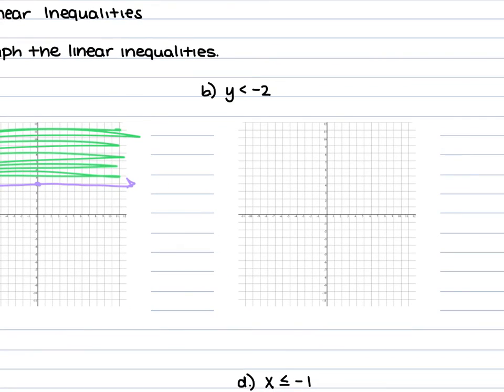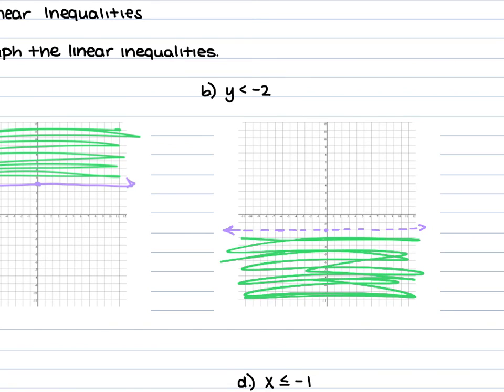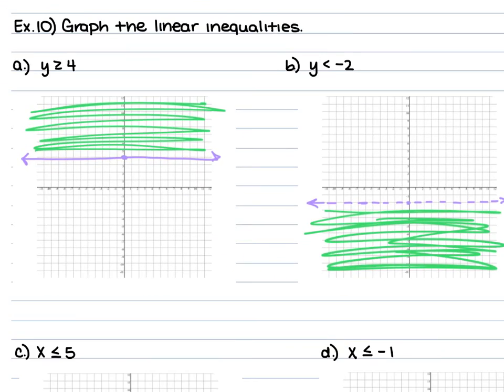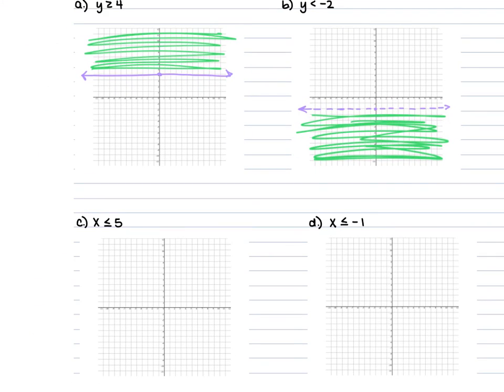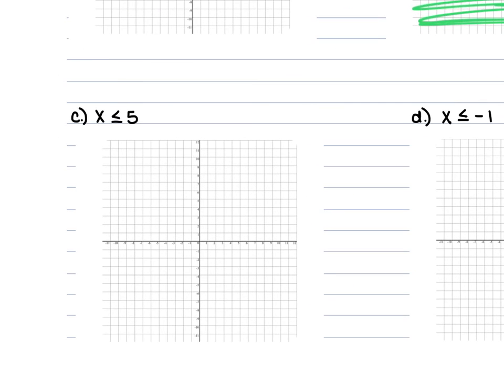For B, we have y is less than negative 2. So negative 2 on our y-axis is here. We're going to do a dotted or dashed line through negative 2, and then it's y is less than, so we would shade below it. For C, x is less than or equal to 5. 5 on our x-axis is here, and then we're going to do a solid line through that point because it includes the 5, it's equal to.